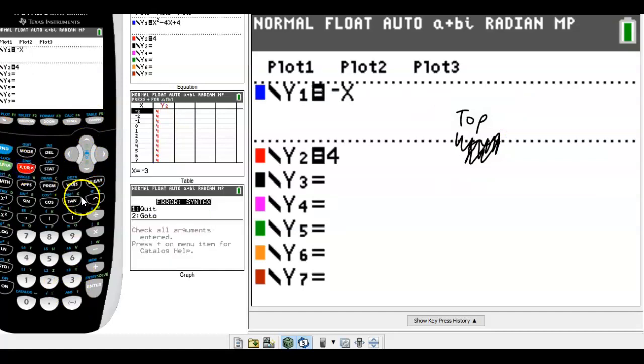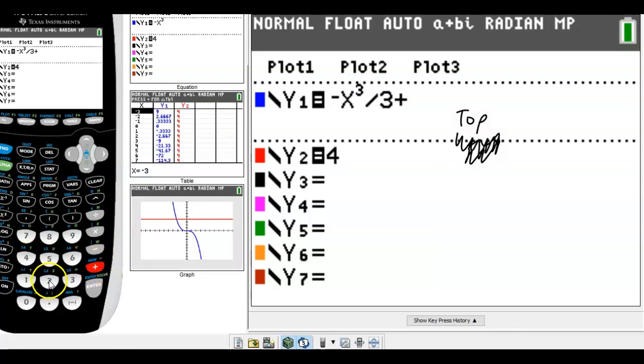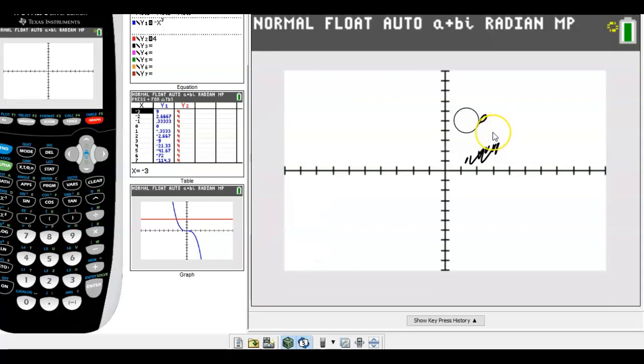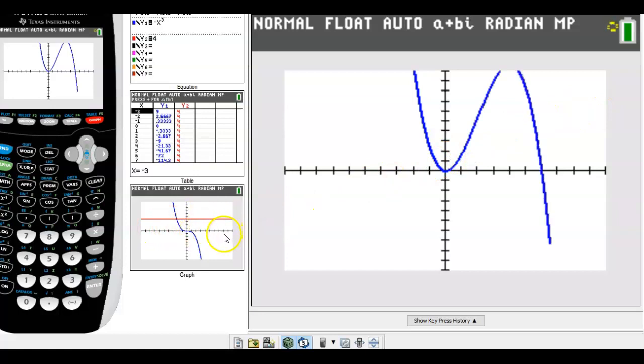Negative, what was it, x cubed divided by 3. What's the rest? So 2x squared. Oops. Disregard the red line. I forgot to take that out. We don't need that anymore.